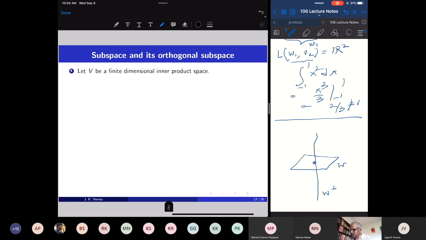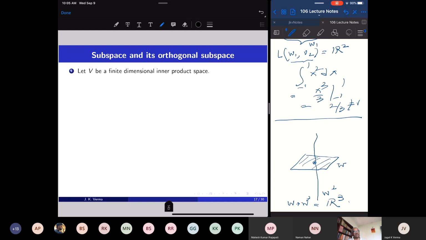Okay, so these 2 subspaces, if you add them, you will get the whole space. We now want to generalize this concept, and starting with any subspace of a finite dimensional inner product space, I want to pass to another subspace so that vectors in this subspace are perpendicular to all the vectors that you started with.